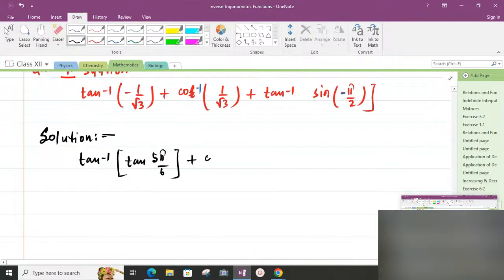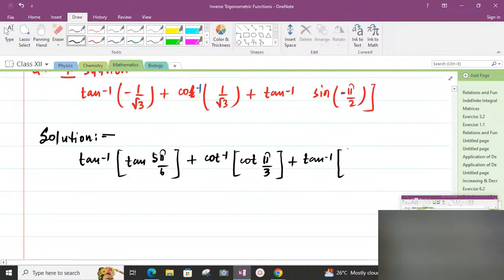Now we write cot inverse and the value of 1 by root 3 will be cot pi by 3, which is 60 degree, plus we write tan inverse and the value of sine minus pi by 2 equal to tan inverse minus 1.